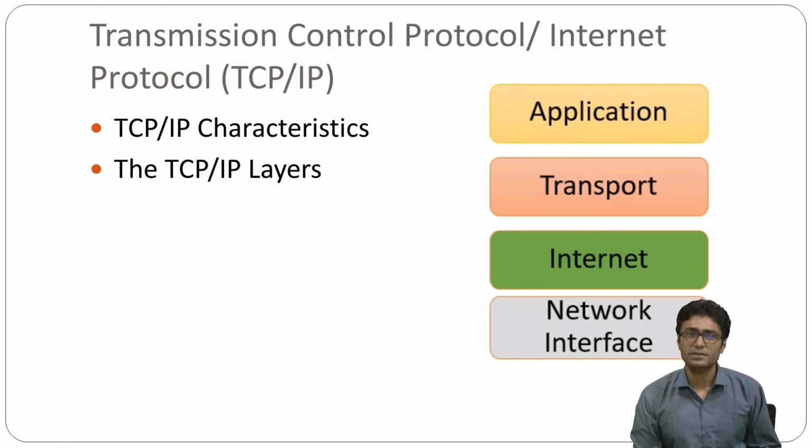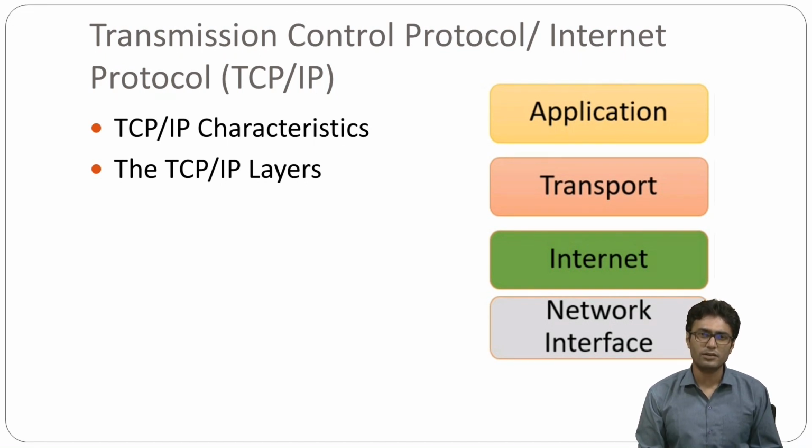TCP/IP says most about the network and transport layers and a lot about the application layer. TCP/IP also defines how to interface the network layer with the data link and physical layers, but is not directly concerned with those two layers themselves.